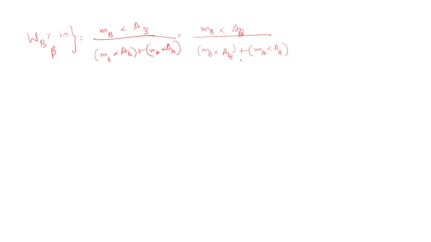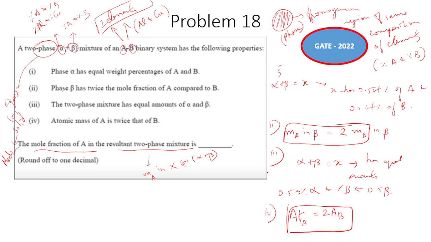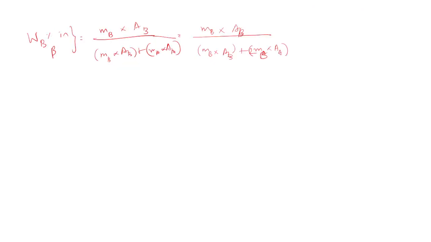MA we converted into 2 times MB, and the atomic weight of A is equal to 2 times that of B, so this becomes 2 times AB.